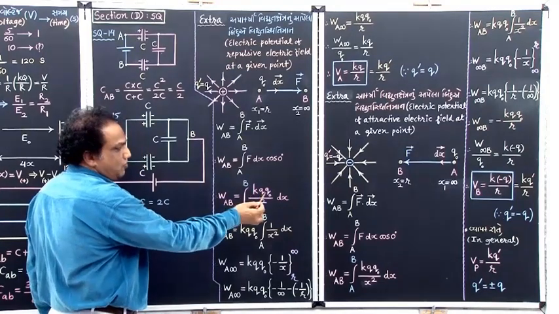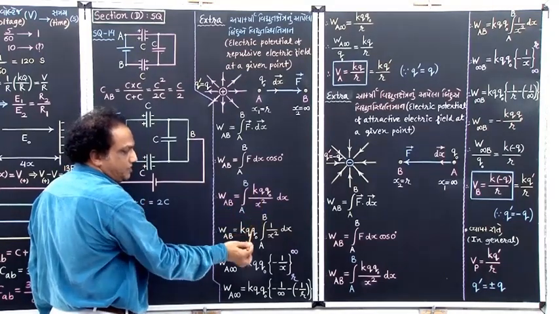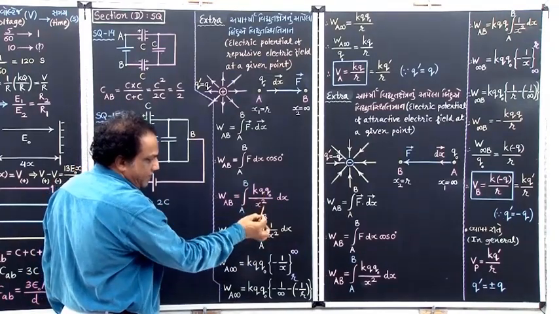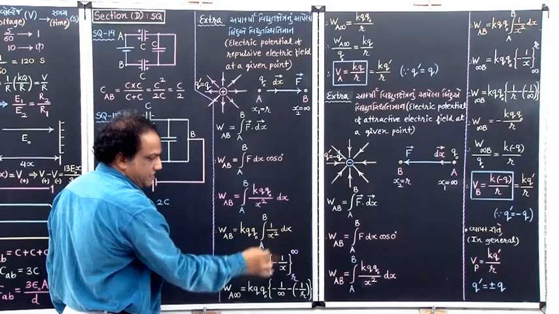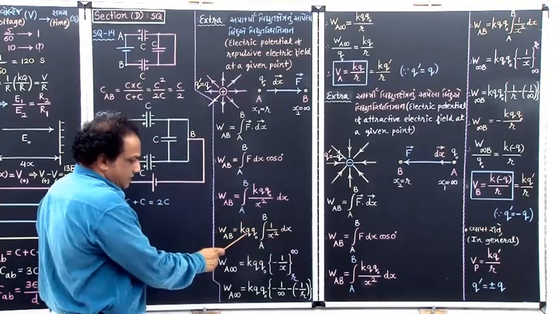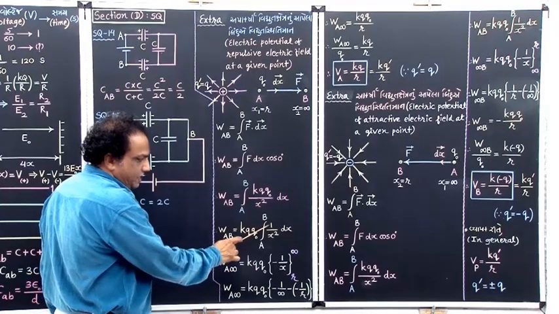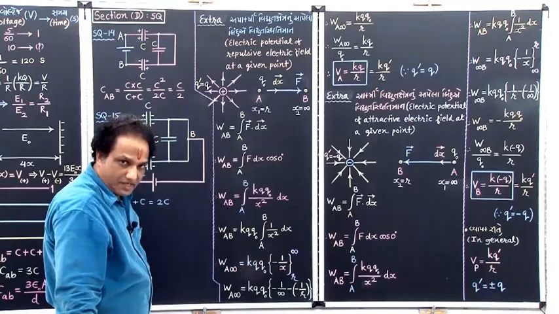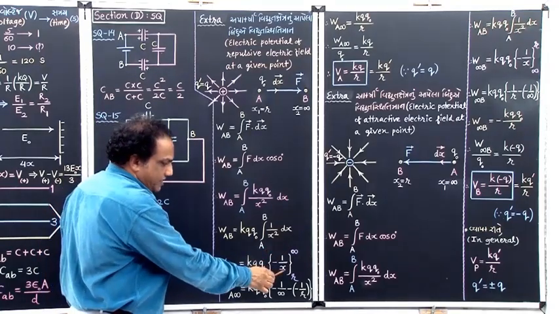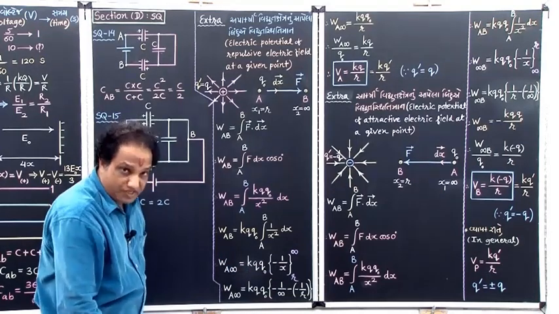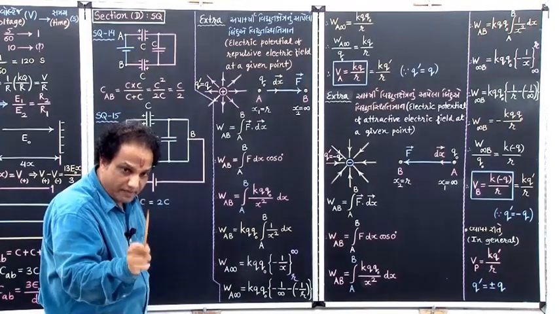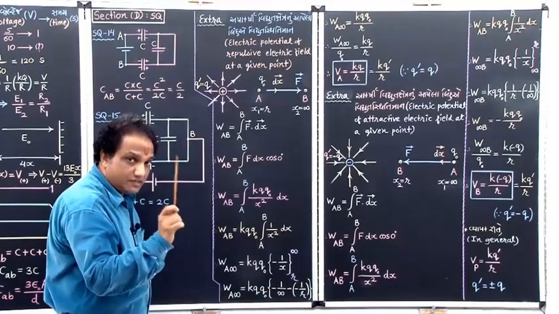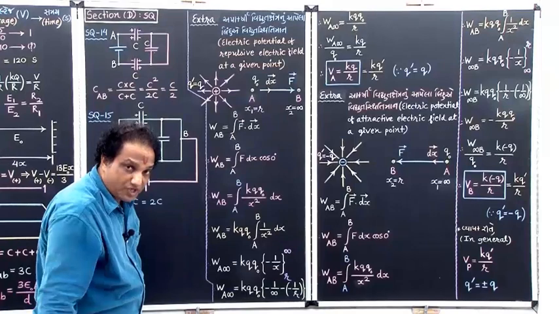Now because k q q0 is constant, it can be taken out of the integration symbol. Then what is left is the integration from A to B of 1 upon x square dx. The integration of 1 upon x square dx is nothing but minus 1 upon x. And because the variable is in terms of distance, I should specify the limits also in terms of distance.